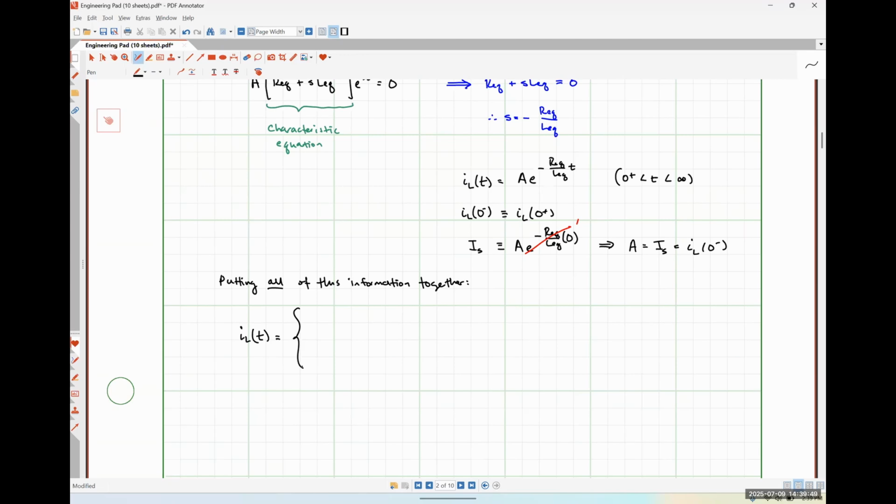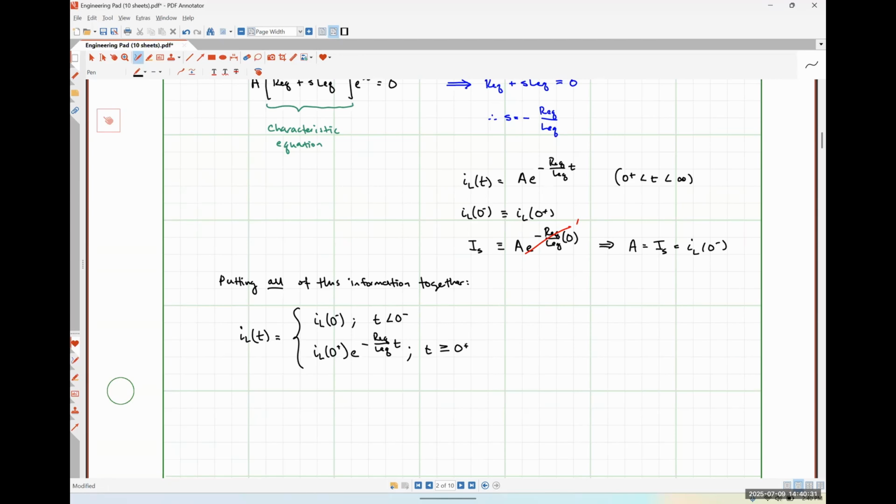I'm going to say that it's going to look like IL at 0 minus for t less than 0 minus, and it's going to look like IL at 0 plus e to the minus REQ over LEQ multiplied by time for t greater than or equal to 0 plus.